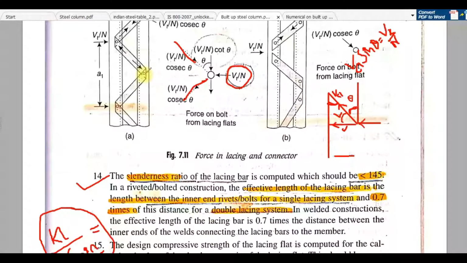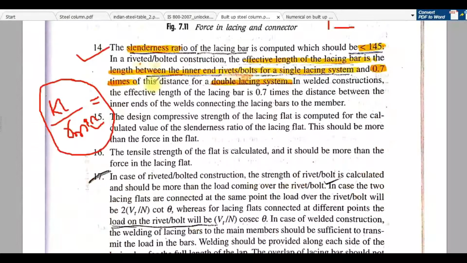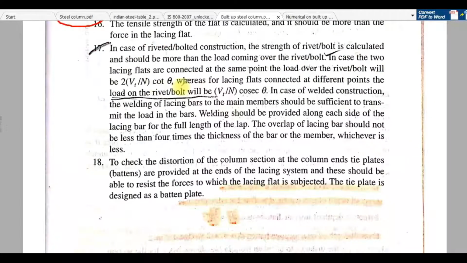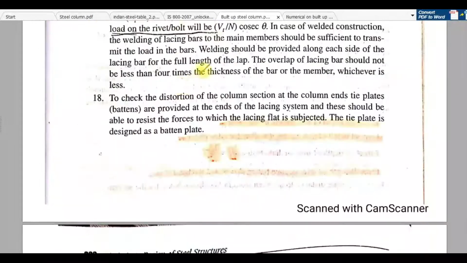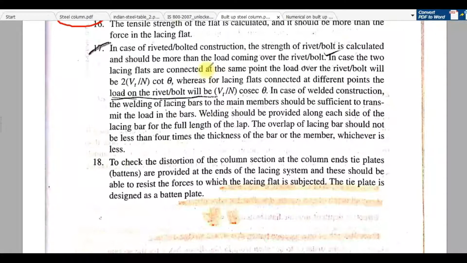To design this rivet or bolt, you have to find the force coming on the bolt, and also the bearing capacity and shearing capacity of the bolt, and then you have to finalize this design. So this is up to the lacing design, and in the next video lecture we will understand the design of the connection.